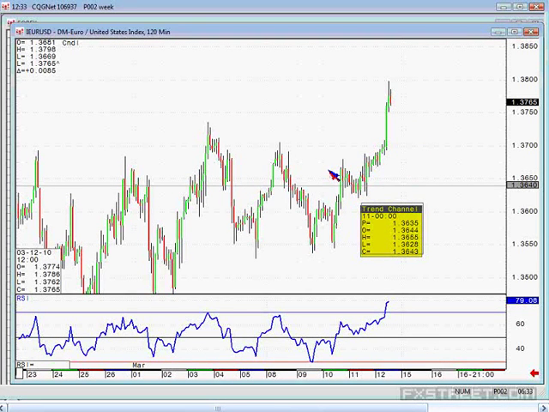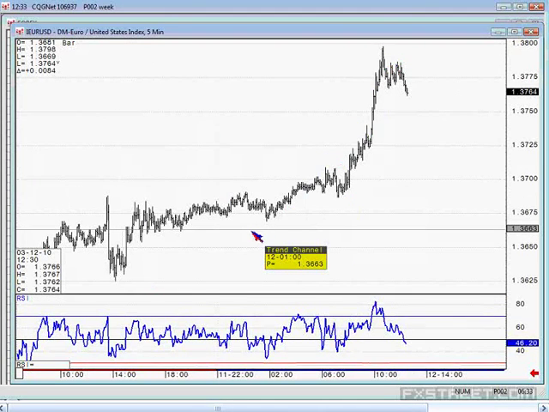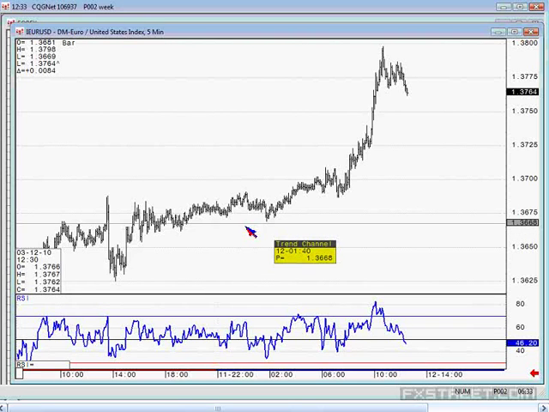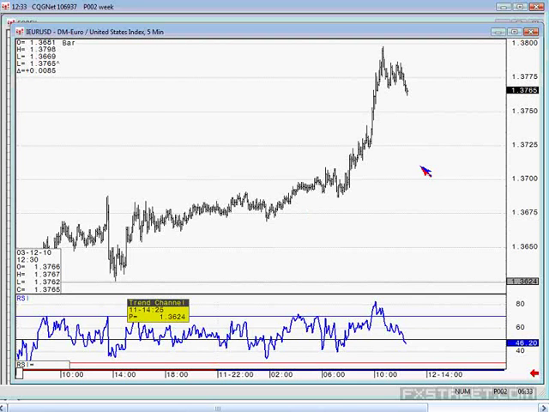But when I go to a lower time frame, since the higher time frame is telling you the trend direction is pointing higher, what you should see is the price making a higher peak and a higher valley.